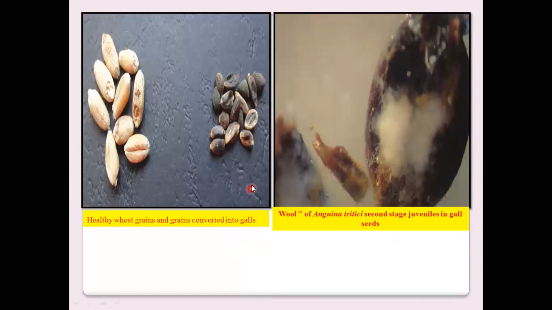Okay, suppose these infected airheads develop grains. This grain is totally converted and brownish galls are produced. These galls contain some juvenile substance secreted by the larvae of the nematodes. So that's why this juvenile substance is also seen inside these infected seeds or infected galls produced within these infected airheads.